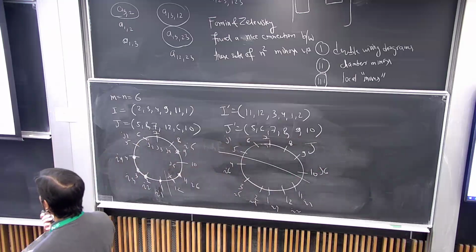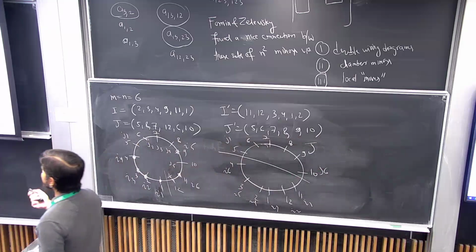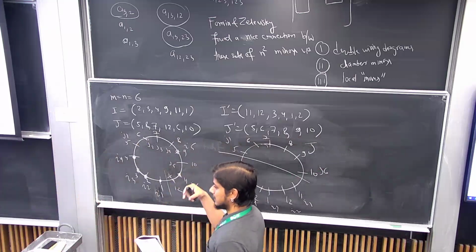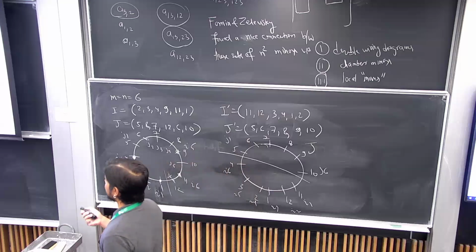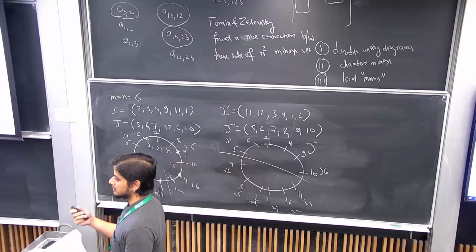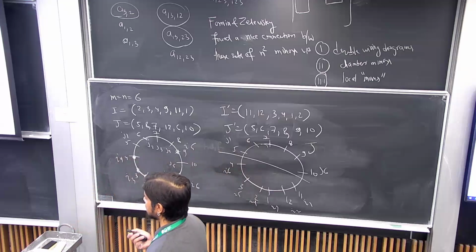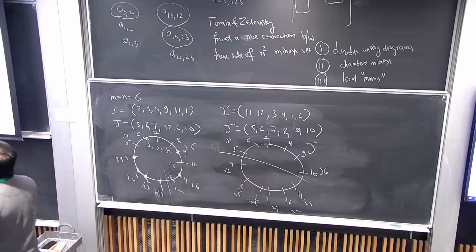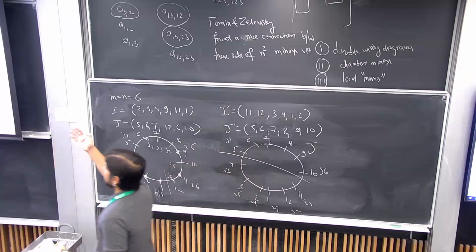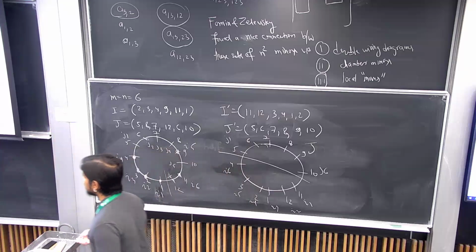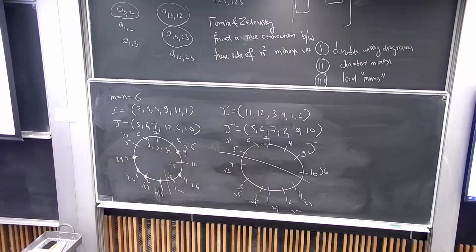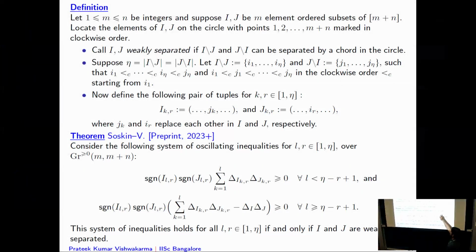So what I'm really doing here is just finding some nice order in which these terms will appear in the Plücker relation and give us the inequality. So once we do all this, here is the result. Once I have fixed the order in which elements of I minus J and J minus I appear, we take a partial sum in the long Plücker relation up to some length.